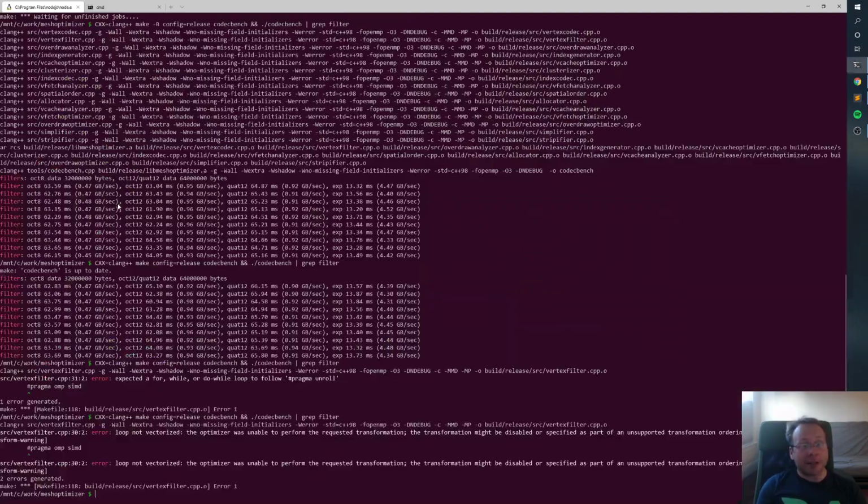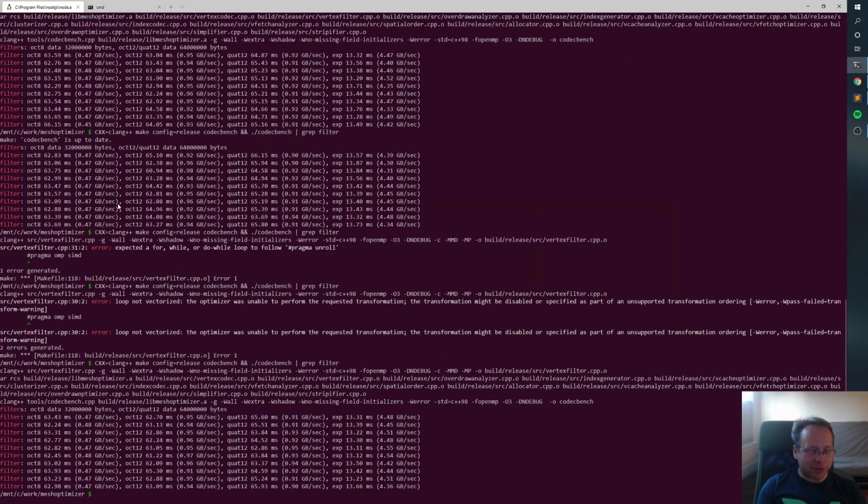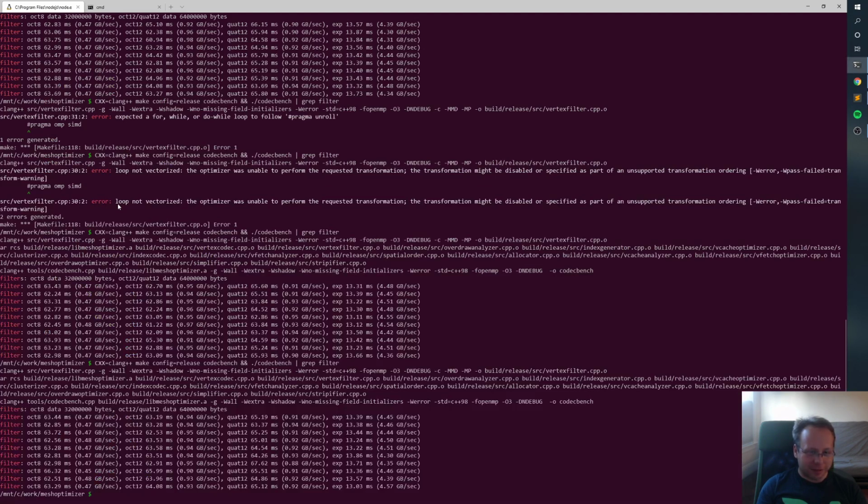Okay, yeah, Clang now has a loop unroll attribute, but I guess it doesn't do anything in this case. Maybe it already unrolls this loop. Yeah, whatever. Point being, the magical technology of auto-vectorization is still not there.